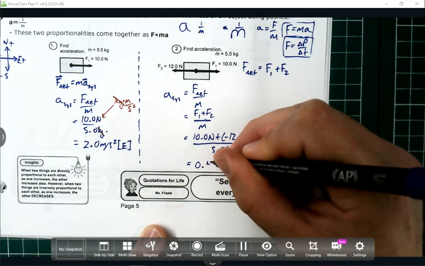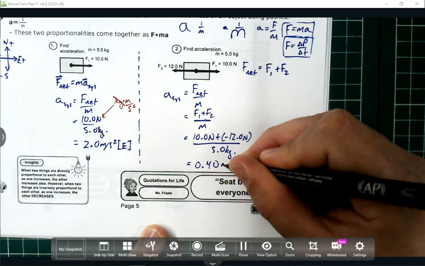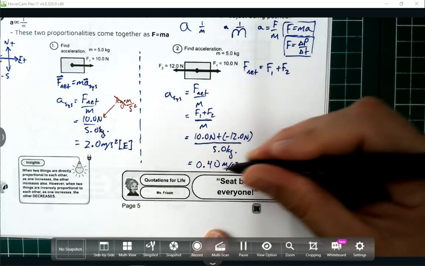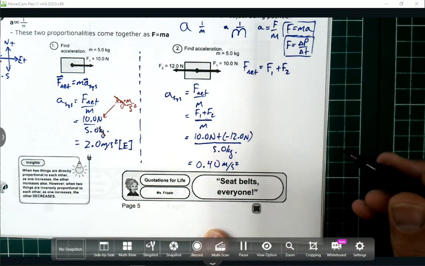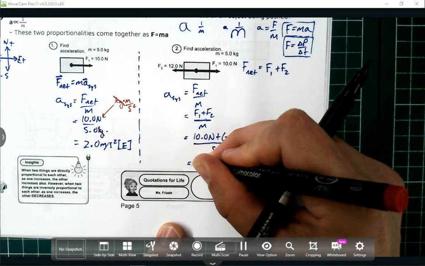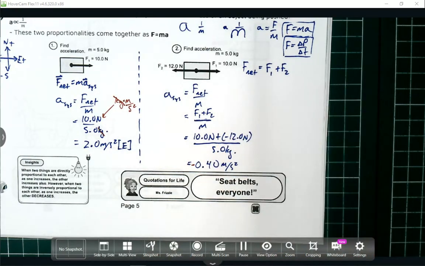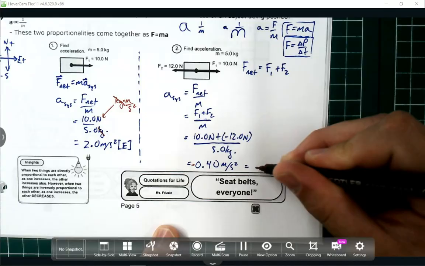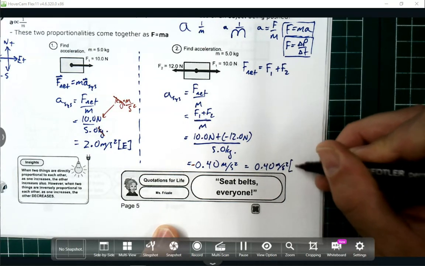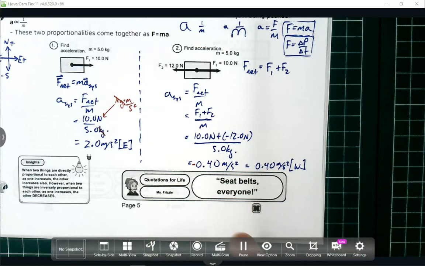So 0.4, and it's meters per second squared for the same unit canceling reasons as before. But is it positive or negative? It can be negative, so be careful. That negative means that it was to the west, so 0.40 meters per second squared to the west. And you always want to apply the directionality.